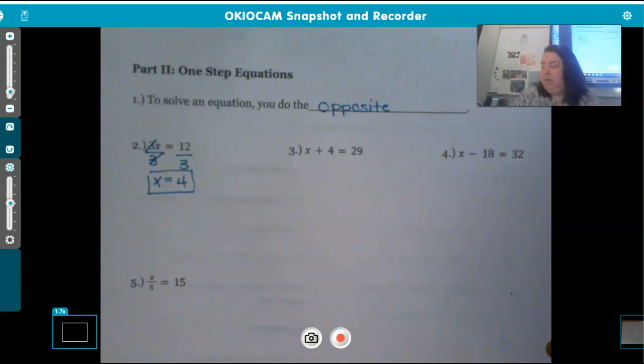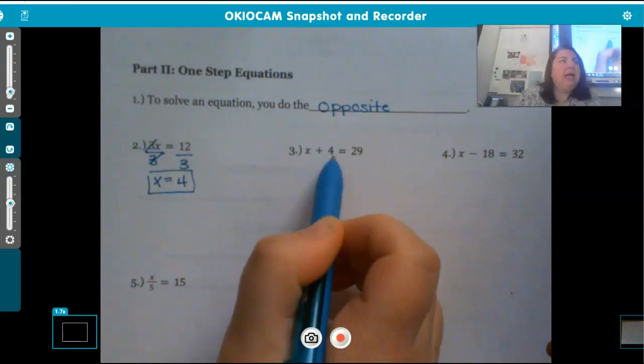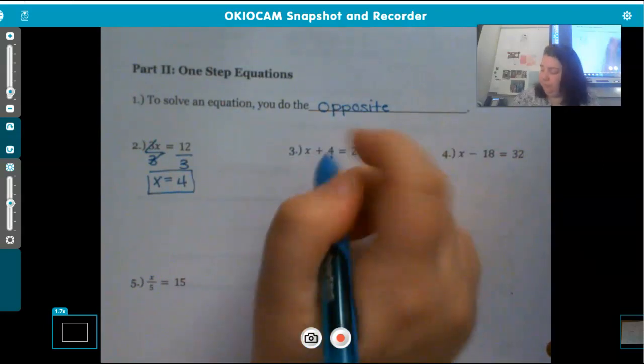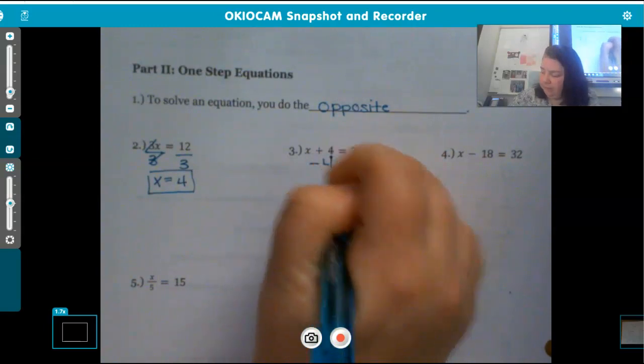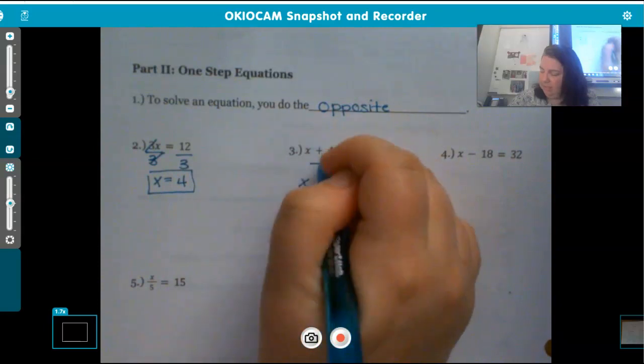Let's look at the next one. x plus 4 equals 29. What is the equation asking us to do? Add. So what's the opposite? What are we subtracting? 4. I'm going to bring my x down.